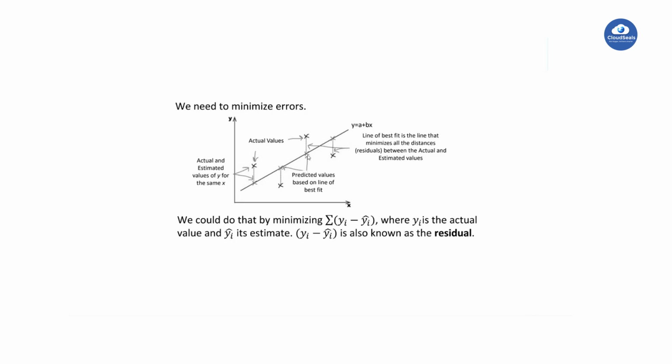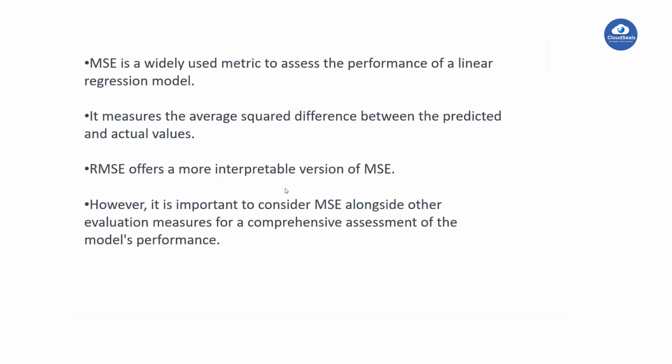So we can't measure errors like this. If it predicts 0 instead of 1, that is a complete error. So MSE is useful to evaluate the performance of linear regression models. It measures the average squared difference between the predicted and actual values.